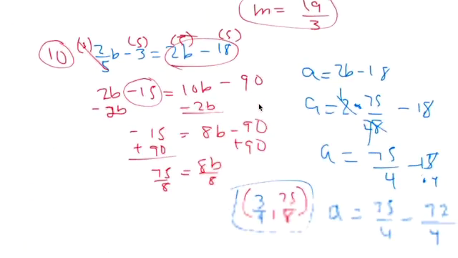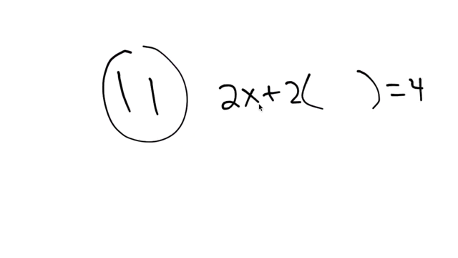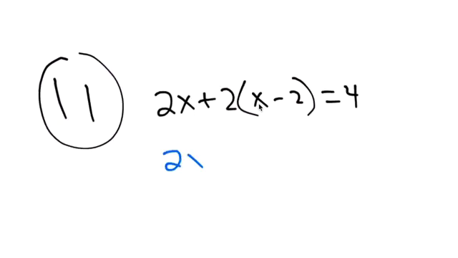So number 11 is 2x plus 2. That's where y is. You put the parentheses there. Equals 4. So x minus 2 goes there. Okay? Double check. Okay, 2x plus 2x minus 4 equals 4.